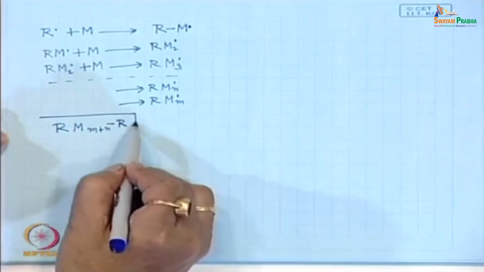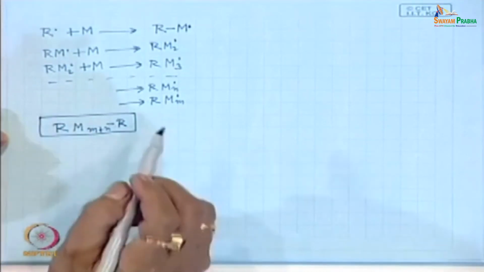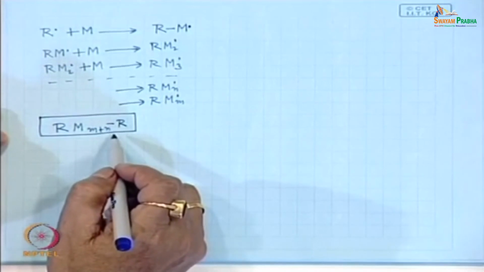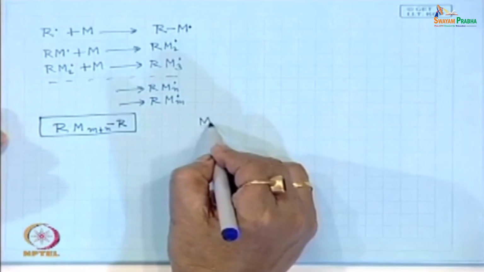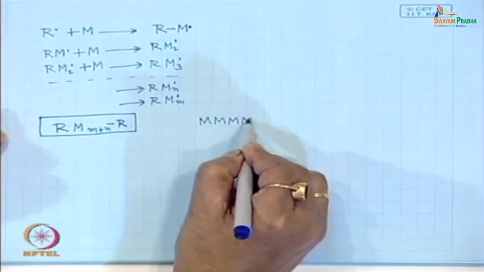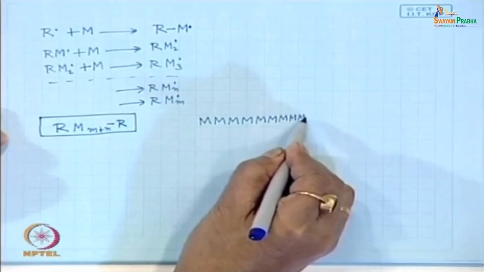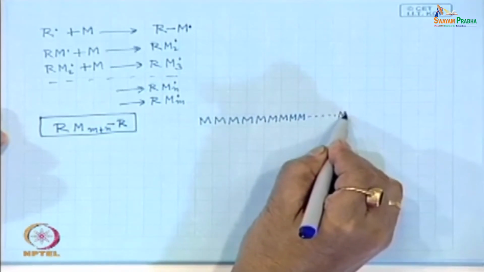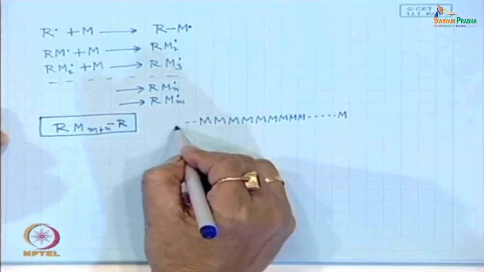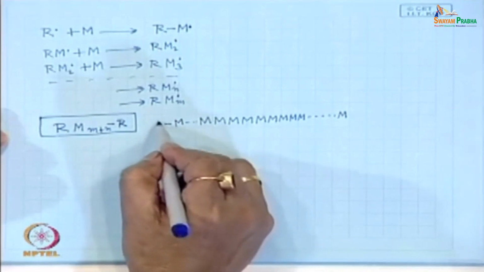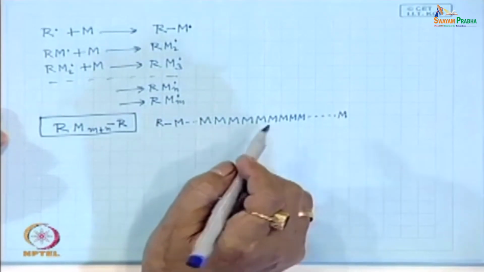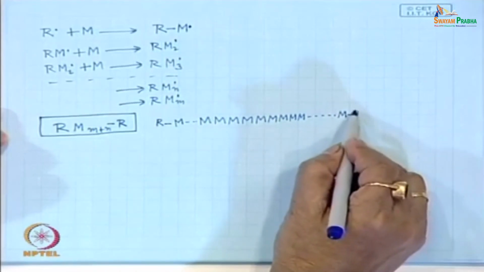So, look at the chemical nature of this polymer. Here we have a chain of M, at the end one R group, and at the other end another R group.